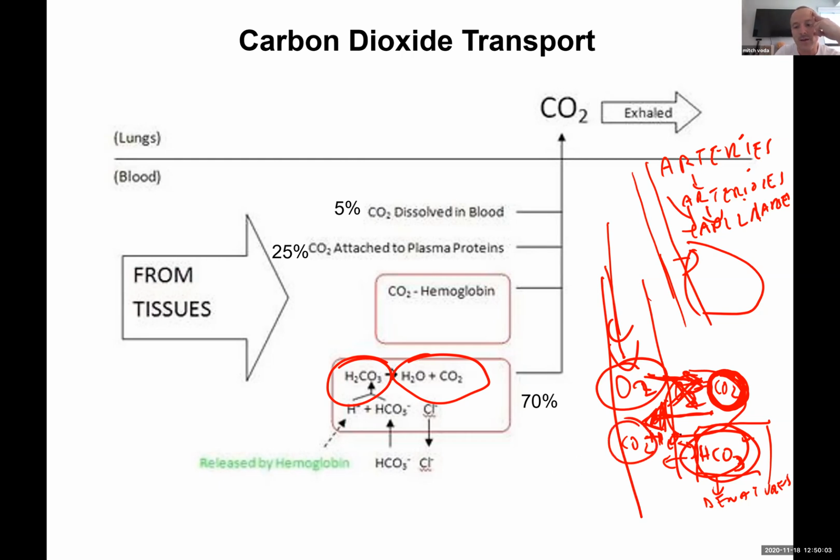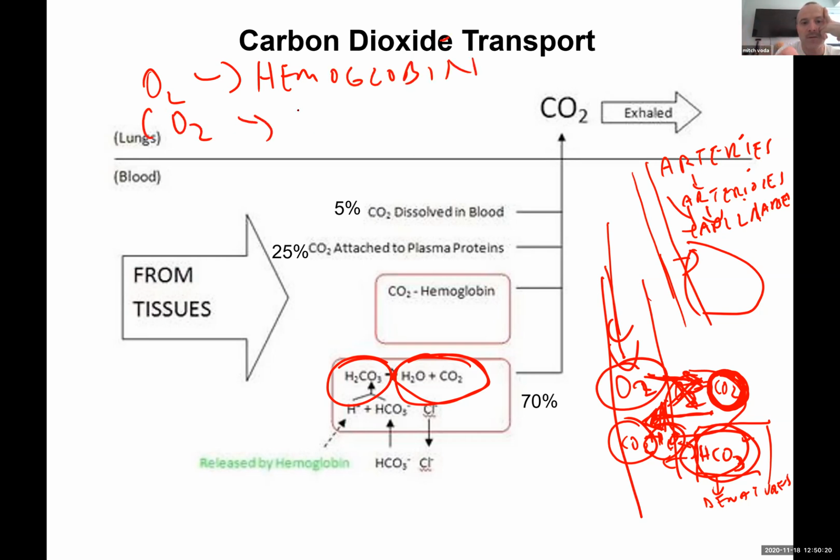So carbon dioxide gets to dissolve in water, react with water, and turn into carbonic acid. So remember, oxygen traveled attached to hemoglobin. Carbon dioxide is dissolved in plasma or the water. This one increases acidity.